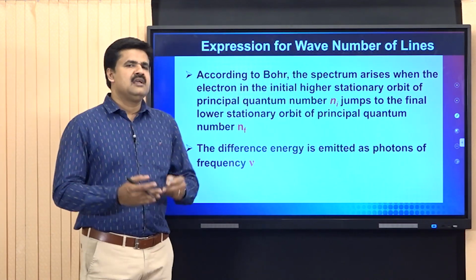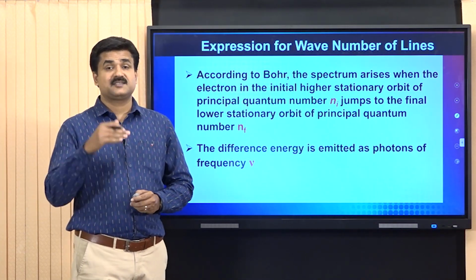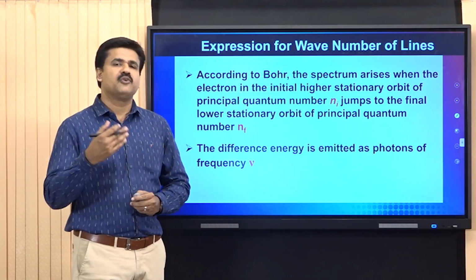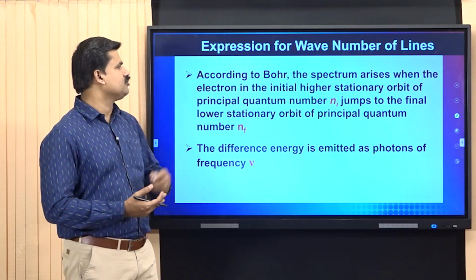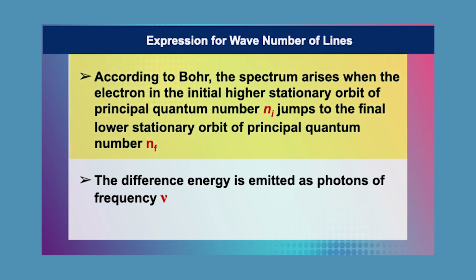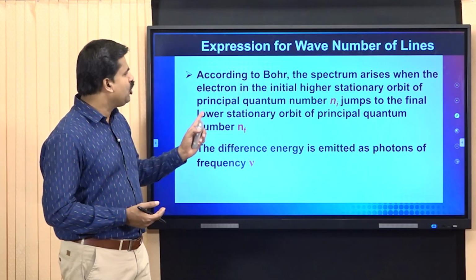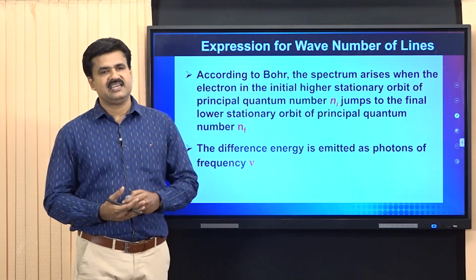Now, we have to calculate the wave number of spectral lines that appear in the line spectrum of hydrogen. For that, we require some equations. According to Bohr, the spectrum arises when the electron in the initial higher stationary orbit of principal quantum number Ni jumps into the final lower stationary orbit of principal quantum number Nf.